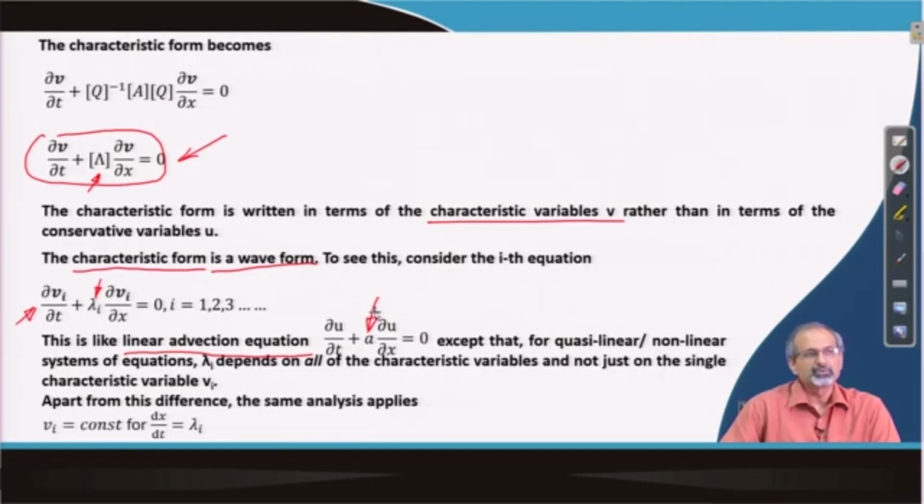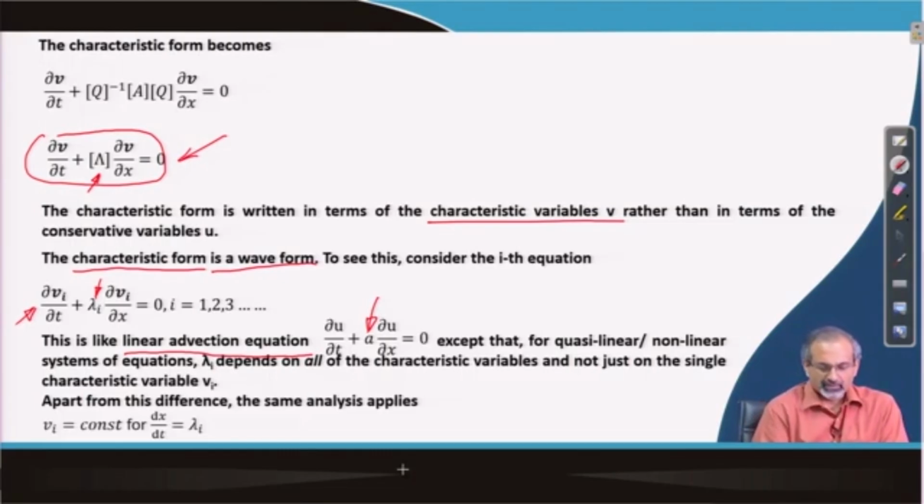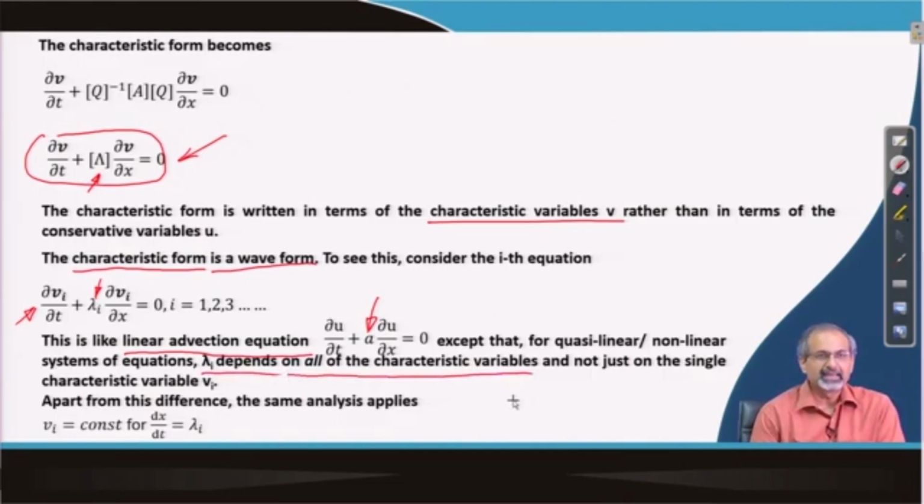The characteristic form of the equations very explicitly shows us the wave form of a hyperbolic system of partial differential equations. Now, there is a slight issue over here in terms of how these lambdas behave. Since we are handling nonlinear partial differential equations, these lambdas would depend on all the characteristic variables. That means, if you pick any lambda i, it will depend on all the characteristic variables, say v1, v2, v3 and so on. It does not have its dependence only on the respective characteristic variable. That means, we cannot say that lambda i is only dependent on v i.